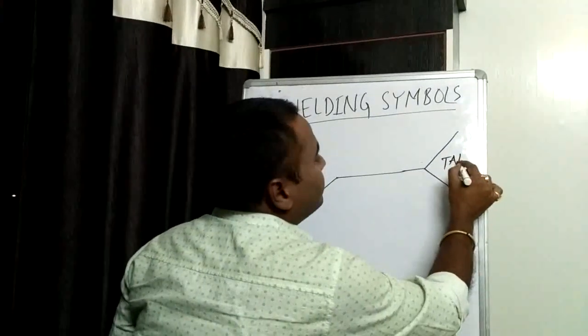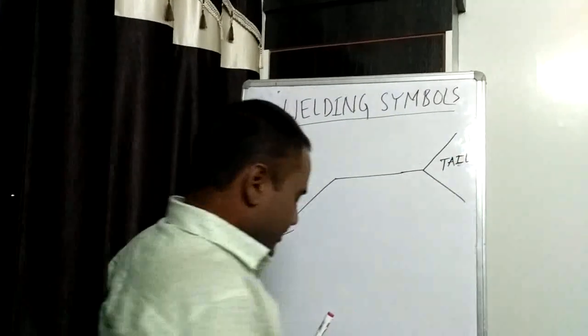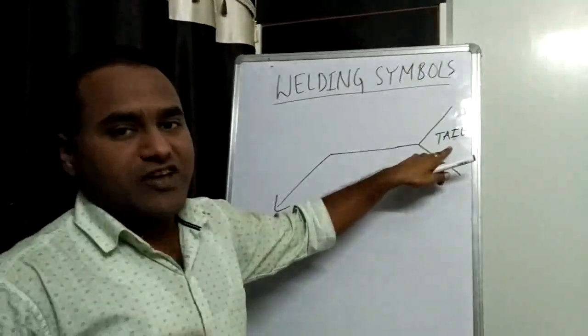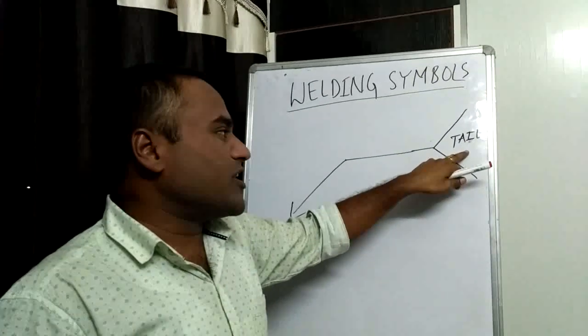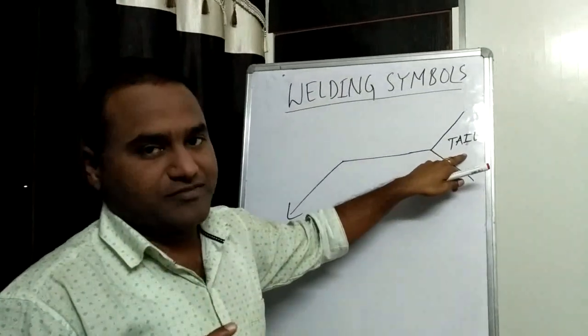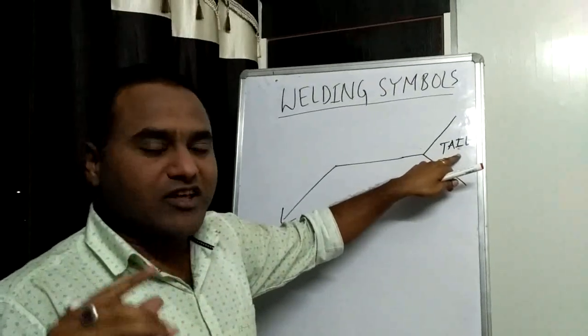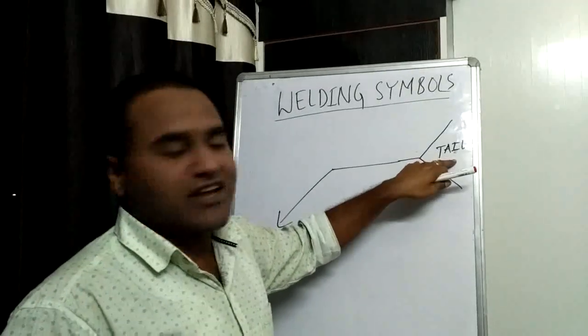The last part is the tail. Tail is used to provide additional information. Some additional specific information, like if you have to mention a specific welding process, then you have to use the tail. Or if you have to mention the applicable code, then that code is mentioned on the tail.